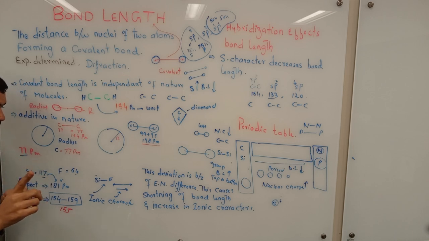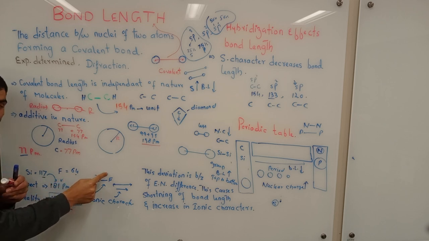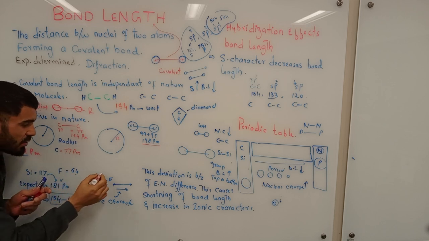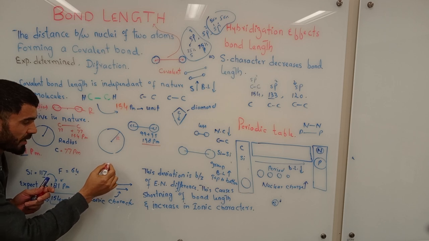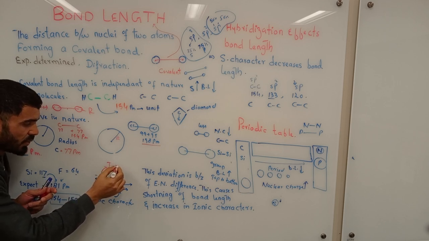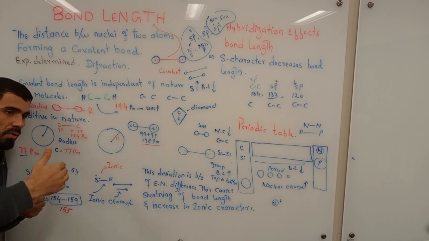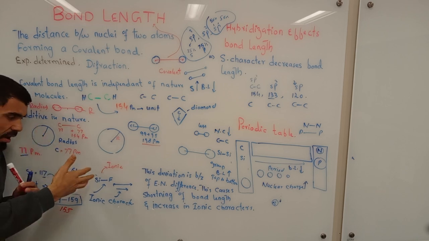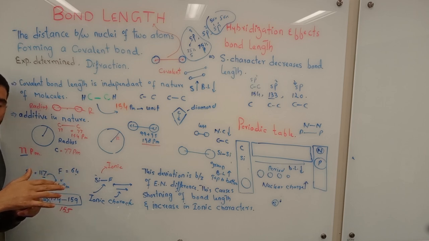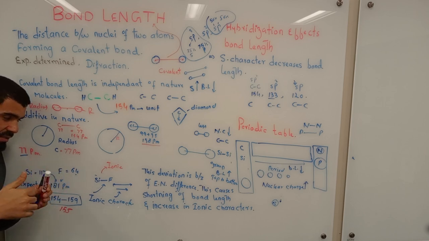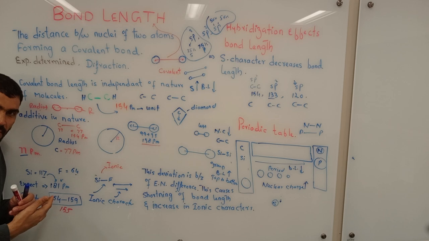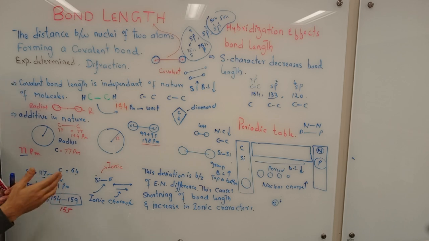The reason behind this is that in such kind of molecule like silicon fluoride, the molecule becomes ionic, meaning more ionic character comes, although it is covalent, yes, but in this molecule ionic character comes. So what is the cause of this ionic character?